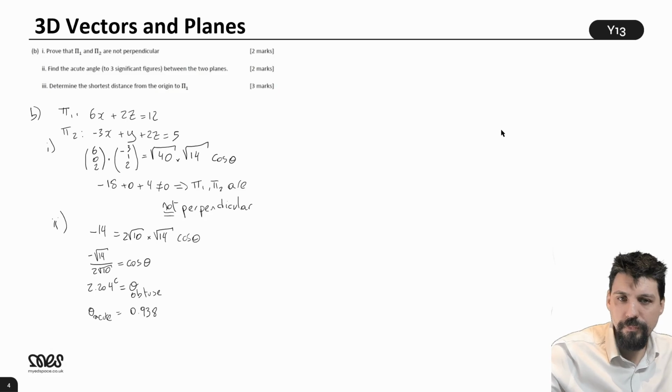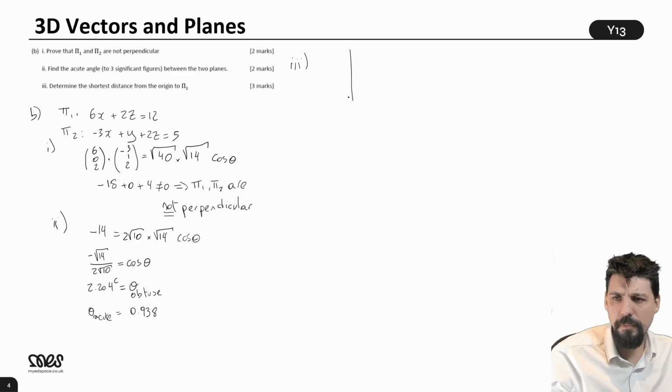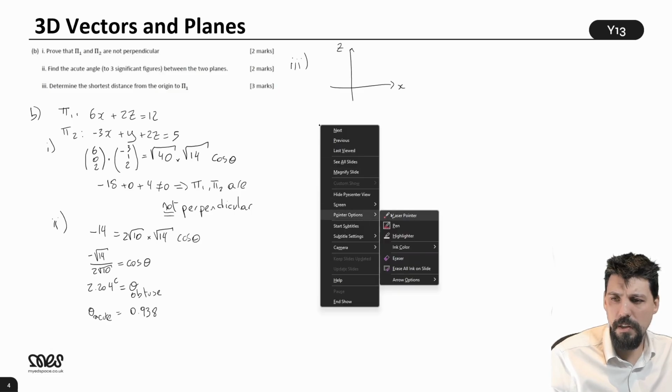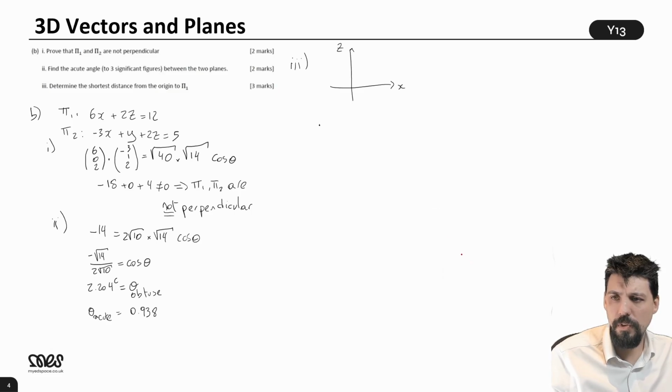Right. So let's go over to here somewhere. Not there. That is nowhere near where I wanted it to be. All right. All right. So if you remember from our little sketch there, let's get ourselves a different color. We've got our plane coming in like that.